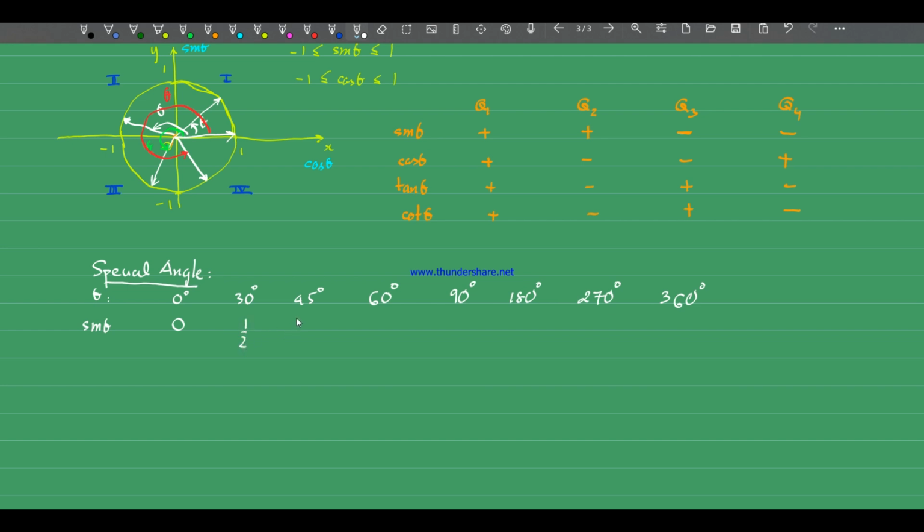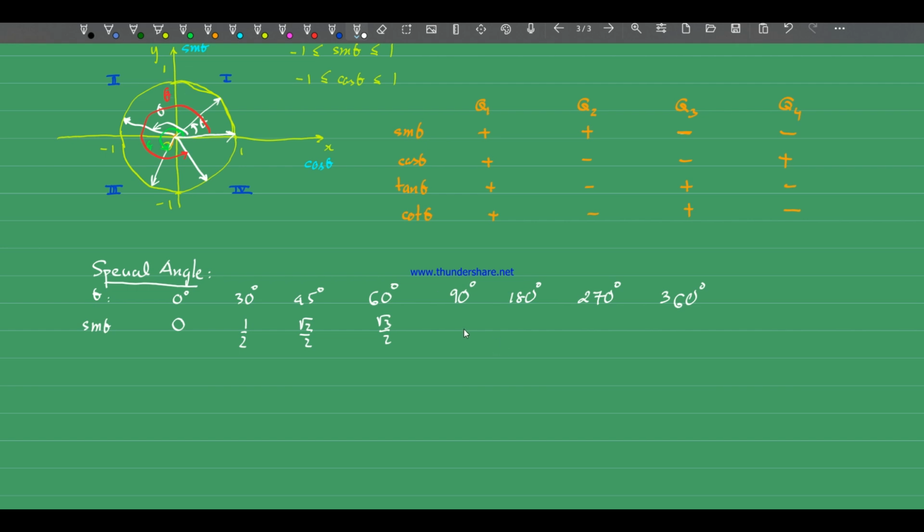Same logic. We have 45, and we have the 45, 90, 45 right triangle. This gives you square root 2 over 2. And this one gives you square root 3 over 2, because that becomes the 60, 30, 90 triangle. Now at 90 degrees, it gives you 1, because think about the rotation of the terminal side up here.